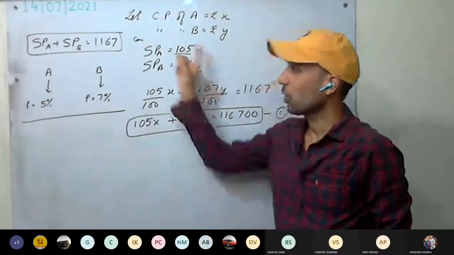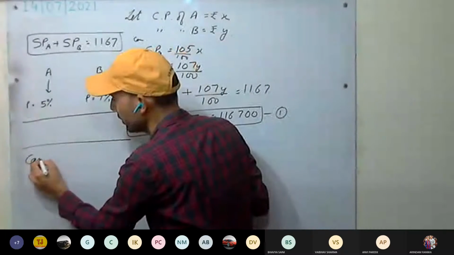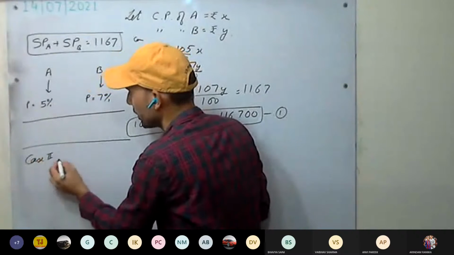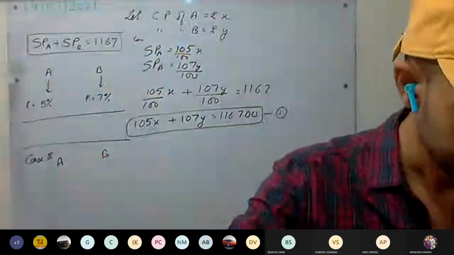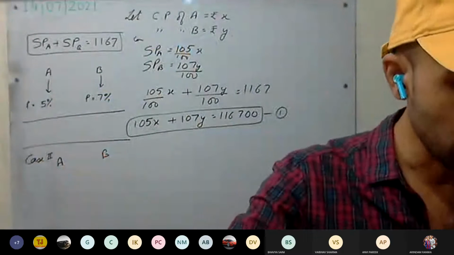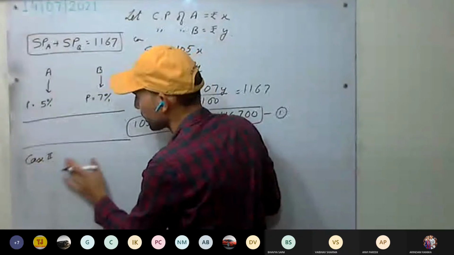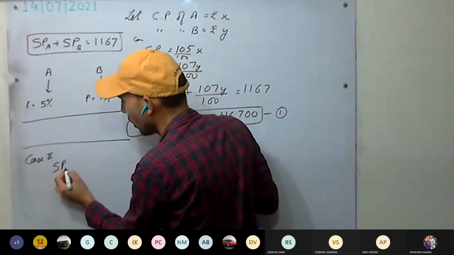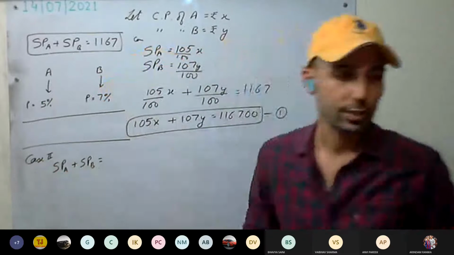That was all for the first case. Now the second case, what is given? A, B again. If the two articles are sold for 1167. Case second, what is there? SP of A plus SP of B, it is how much?